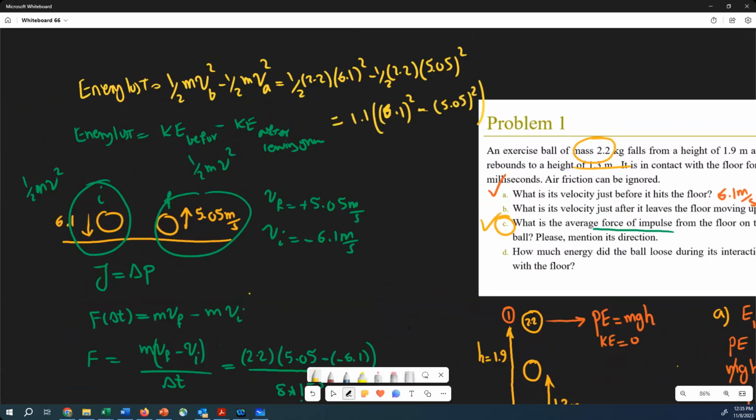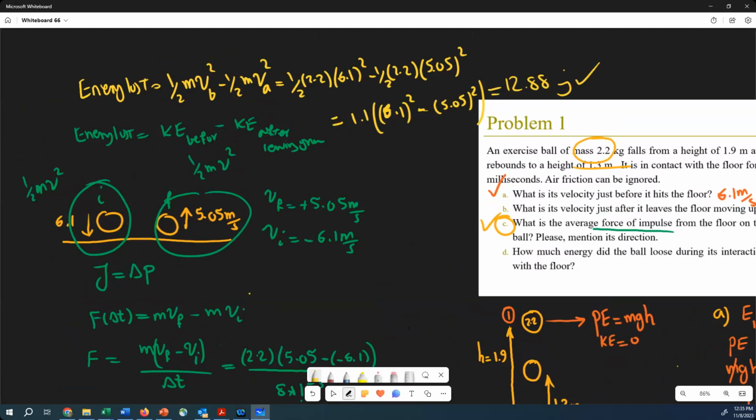12.88. So 12.88 joules is being lost. You know what is exactly happening? We are assuming that the energy is conserved, but the energy before hitting and the energy after bouncing are different. What happened?